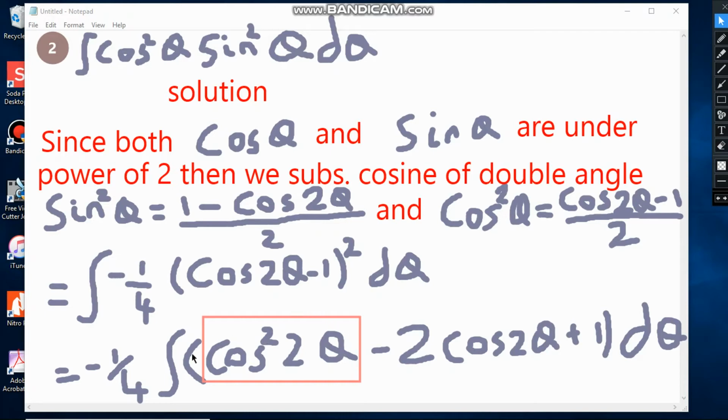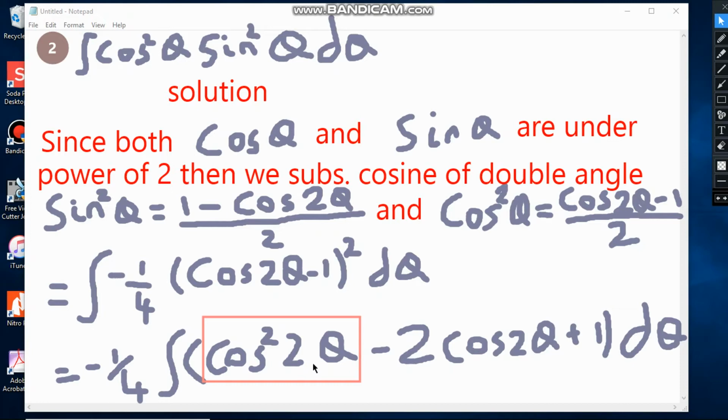We must substitute another double angle for cos square 2 theta, like for cos square of theta. In this expression, we must remain with power 1, not power 2 or higher power. So we must replace cos square of 2 theta with its equivalent double angle identity.